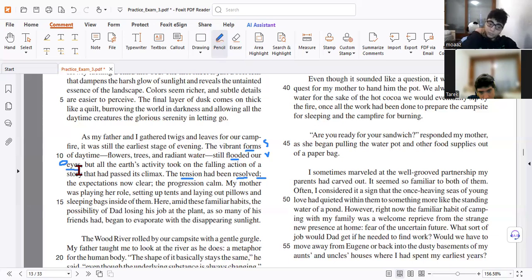How can I say soak? Soak is like putting something in water, but how can forms flooded our eyes? It means filled. Filled means when I look at something, I find everything around me, I don't find anything else. When I see that the stuff in my room flooded my eyes, filled my eyes, I don't see anything else. Like that. So finding the subject, verb and object can help you.